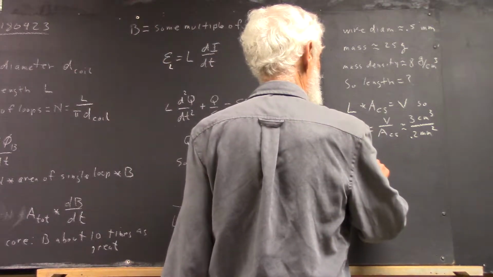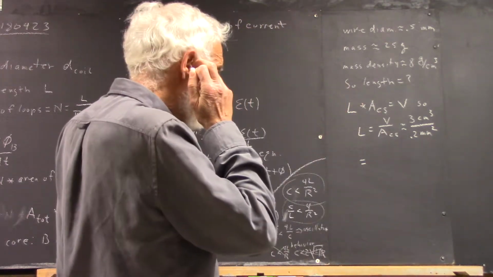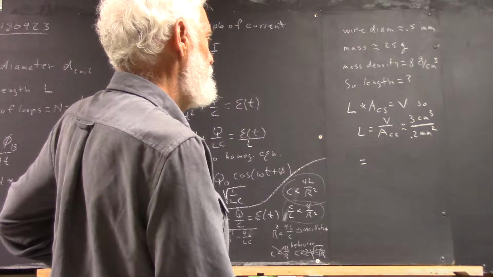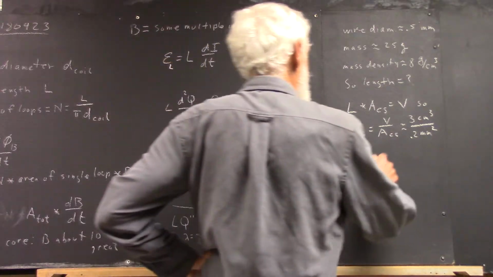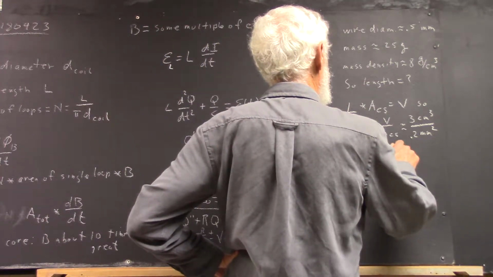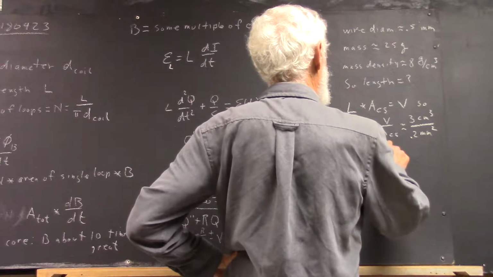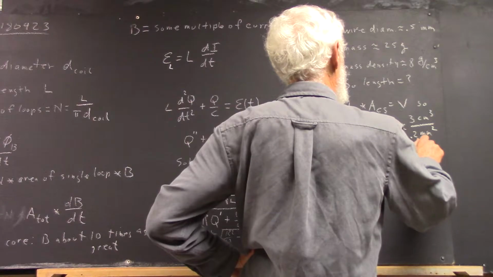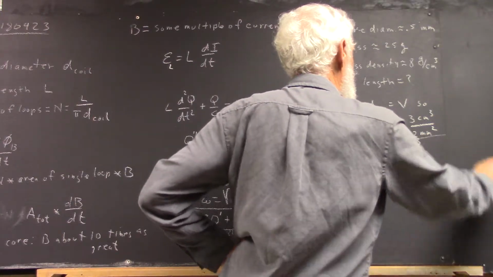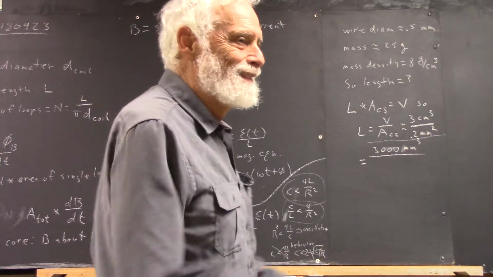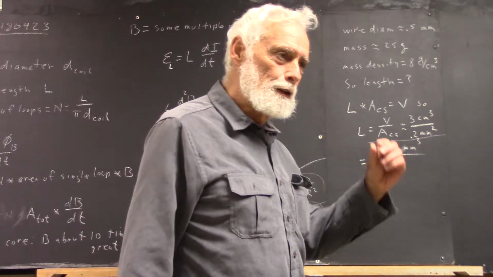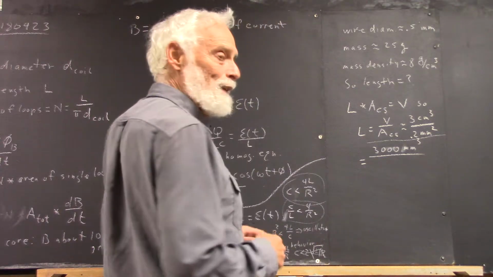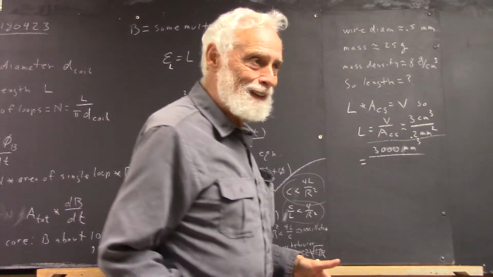Okay. Well, that's 3,000 cubic millimeters. And if you don't see why that is, study meter sticks and little cubes. It's just simple powers of 10. You've got 10 millimeters in a centimeter.